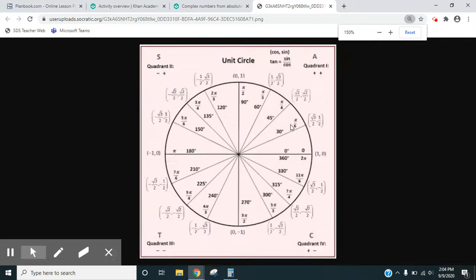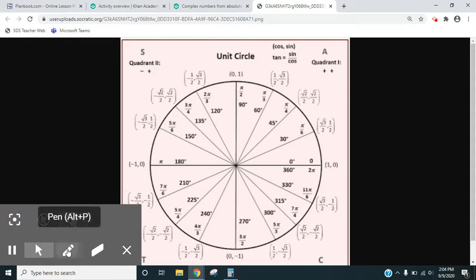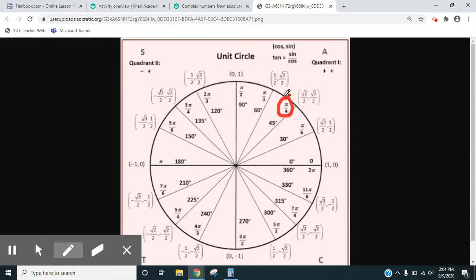what we notice is if we go to 45 degrees, which is where we're interested, we see pi over 4. That's the measurement in radians. That's the radian measure. But then we have these. This is the cosine. So look, that's the cosine.